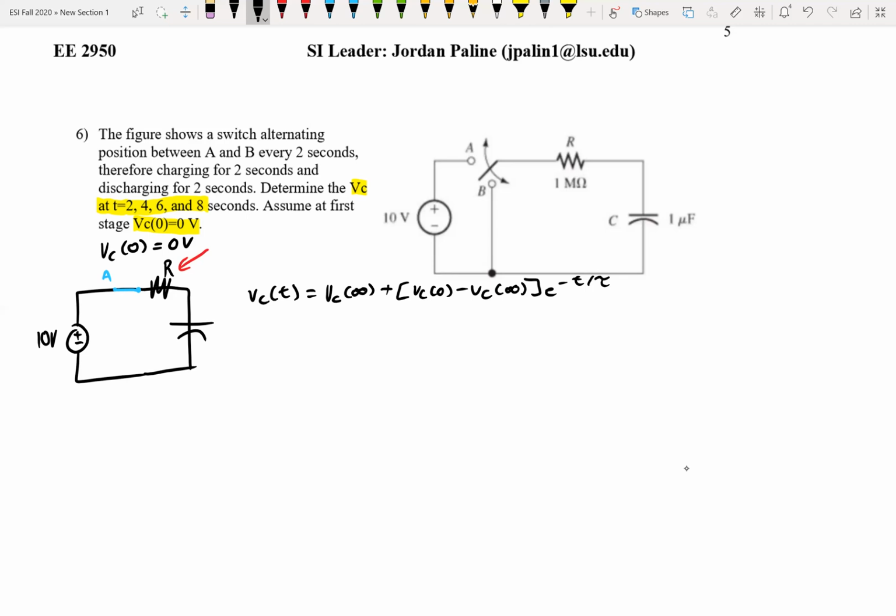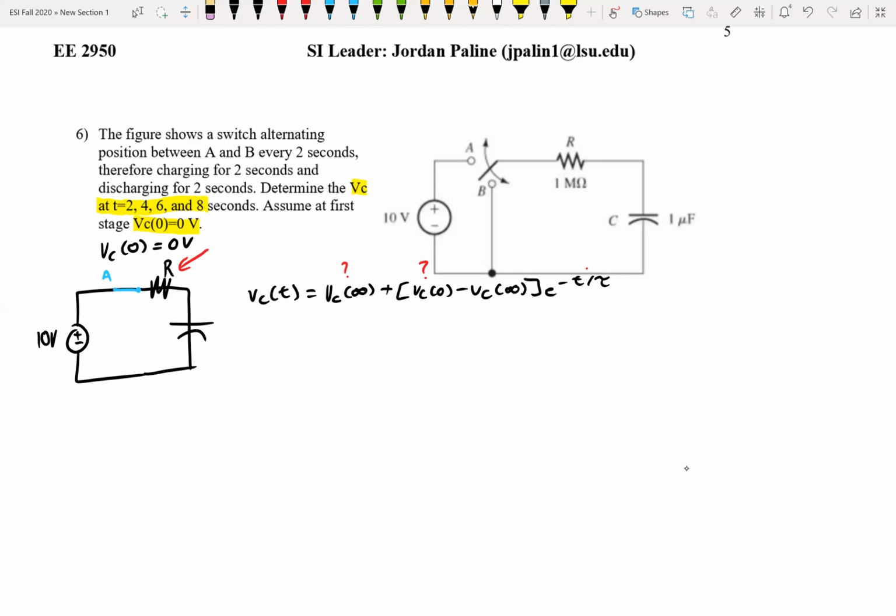Okay, so looking at this, we have a couple things that we need to know. Once again, it's the voltage at infinity, voltage at time 0, and then time, and then tau.